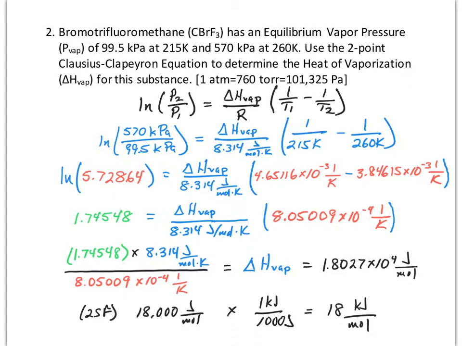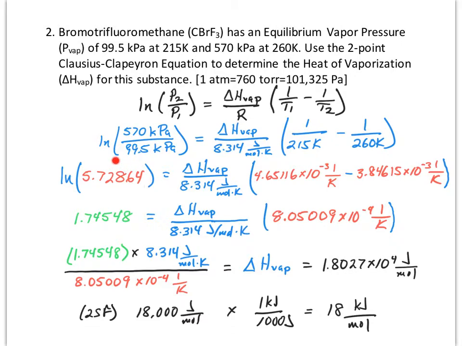Okay? So I'm going to take these two numbers and divide them. So 570 kilopascals divided by 99.5 kilopascals gives us 5.72864. There are only 3 significant figures here, but we always carry more significant figures so that we don't get rounding error in our significance place. We always carry more, round at the end.